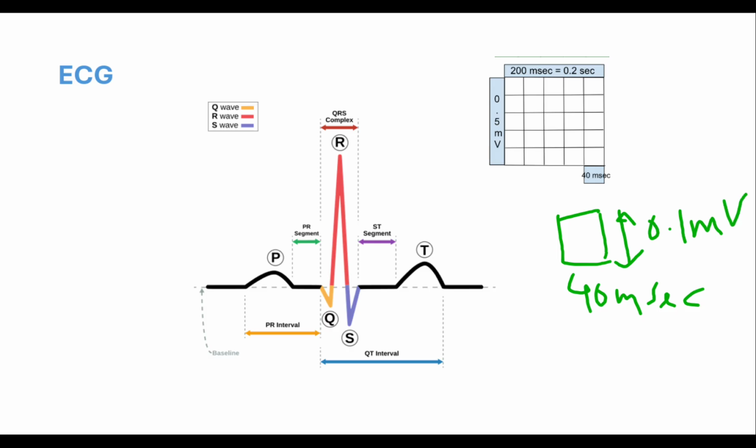Okay, and 5 by 5 small squares is going to give you a big square. So you can do the math. On the x-axis it is going to be 200 milliseconds or 0.2 second, and the amplitude is going to be 0.5 millivolt. Okay, this is fixed in case of normal calibration that we have. This can be varied if you change the calibration, but usually this is what we take.